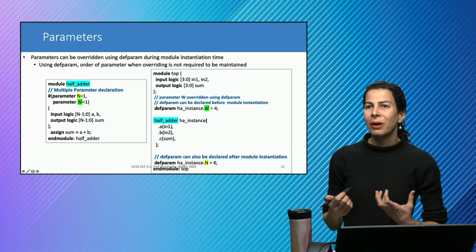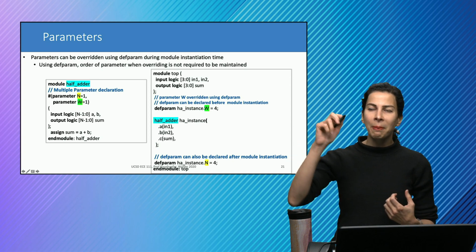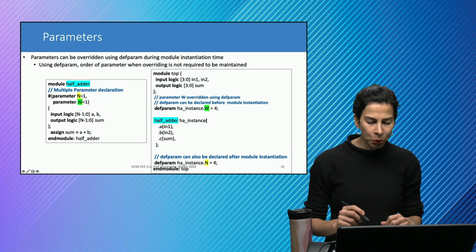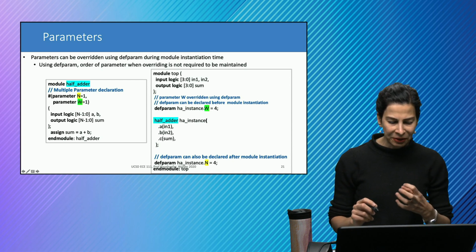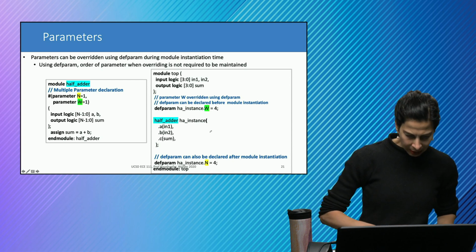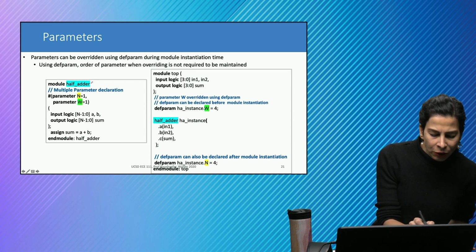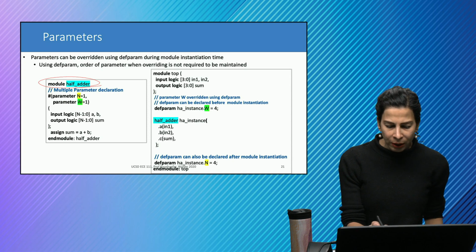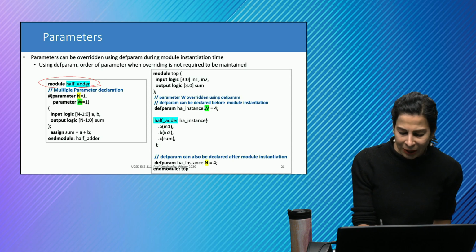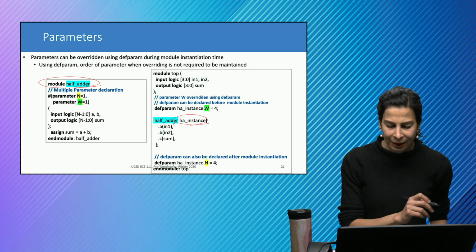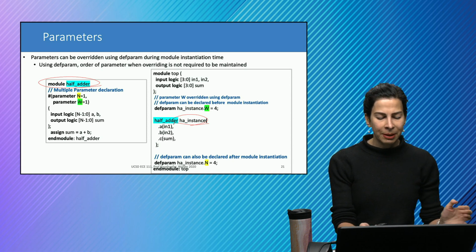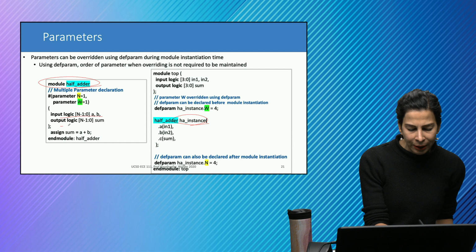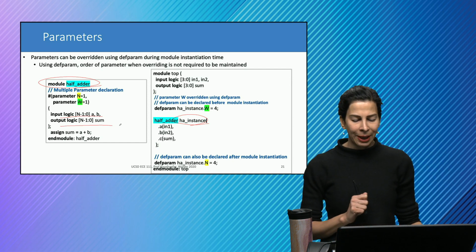Now the defparam that I'm showing here in the top module is going to create a half adder instance. So let me just go quickly here. We have a module half adder, and here we have a module instantiation, half adder instance, which is basically making an instance of the half adder with the input and output logic that we had earlier.